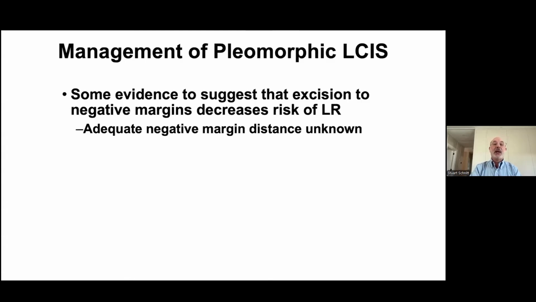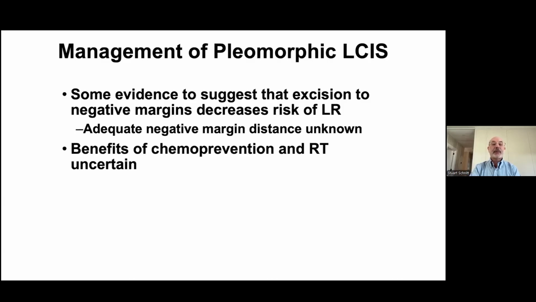So how is pleomorphic LCIS managed in current clinical practice? Well, again, this varies all over the place. There is some evidence to suggest that excision to negative margins decreases the risk of local recurrence or progression to invasive breast cancer among patients with pleomorphic LCIS, but the adequate negative margin distance is unknown.